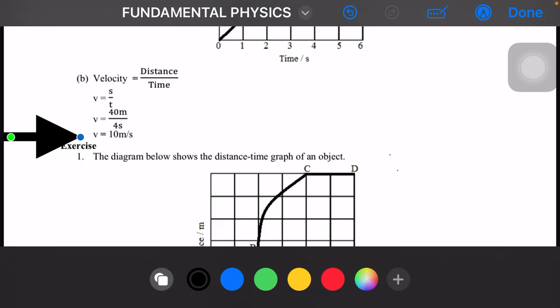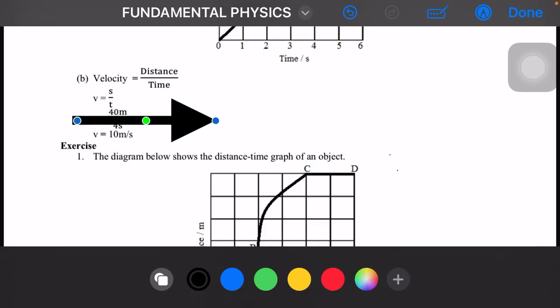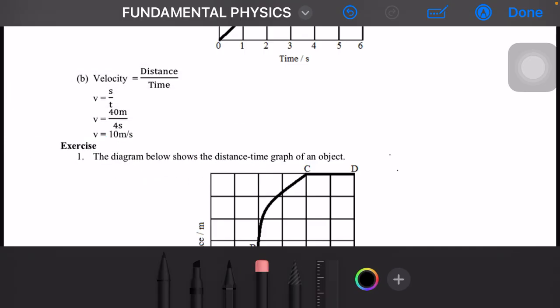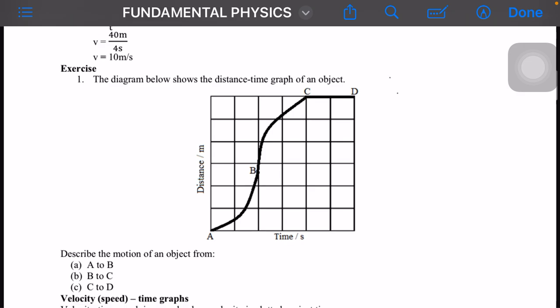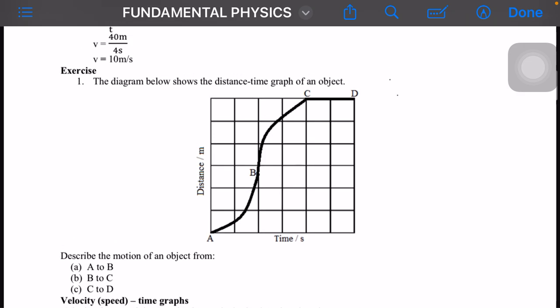The time it took the object to reach 40 meters was 4 seconds. Then just do the calculation here. You find the velocity is 10 meters per second. Now here's an exercise for you. You can do a quick exercise. I'll pause the video for just a few seconds, and leave your answer in the comment section.